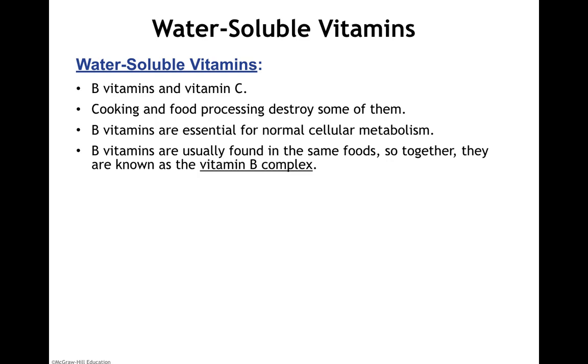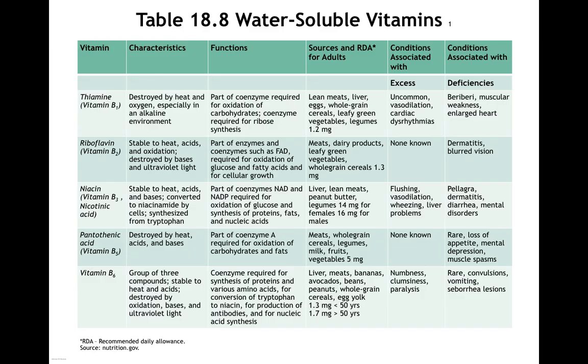Water-soluble vitamins, B vitamins, vitamin C, do become decomposed during many cooking processes. B vitamins are essential for normal cellular metabolism, and they are found in the same foods, so together they are known as B complex vitamins or vitamin B complex.